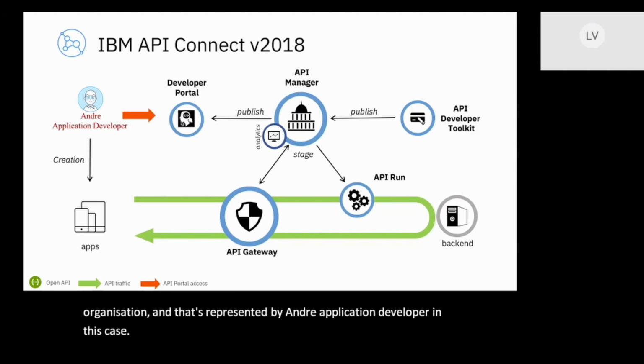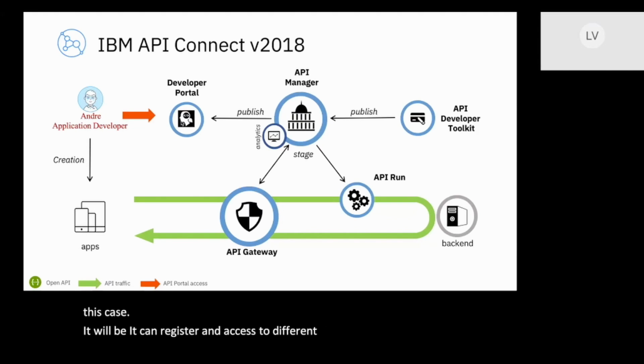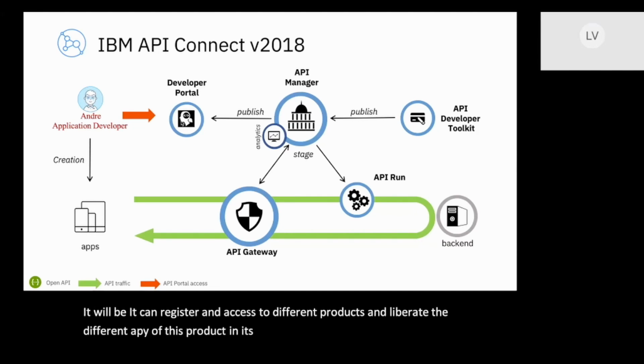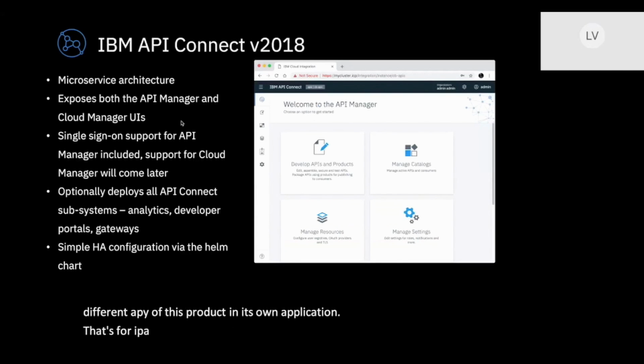You can register and access different products and leverage the different APIs of this product in your own application. That's for API Connect, and that's an example of user interfaces to design and manage the different lifecycle.